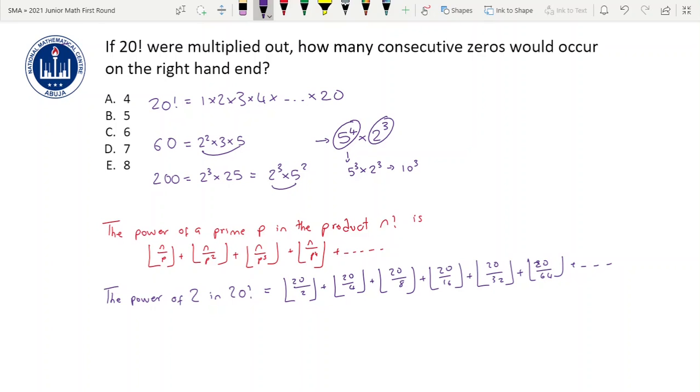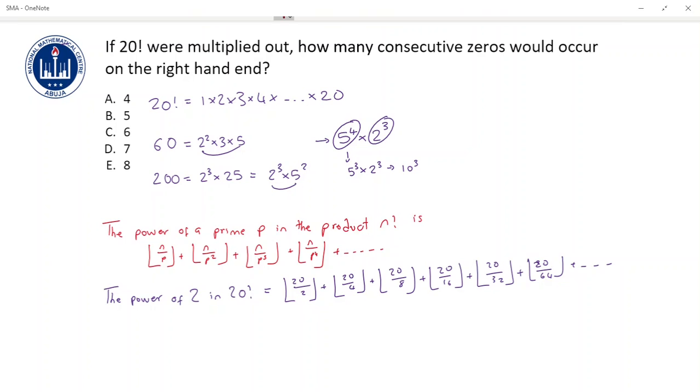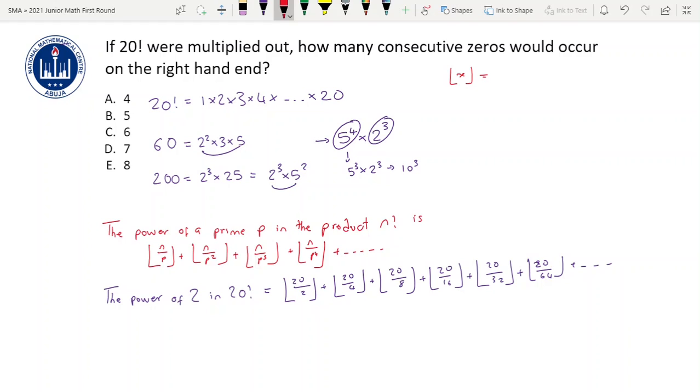Let me just talk about what the floor function is in case anyone is not familiar with it. The floor function of x is the whole number part of x. So the floor function of 3.2 is 3 because the whole number part of 3.2 is 3. The floor function of 6.8 is 6, and the floor function of 7.2 is 7.